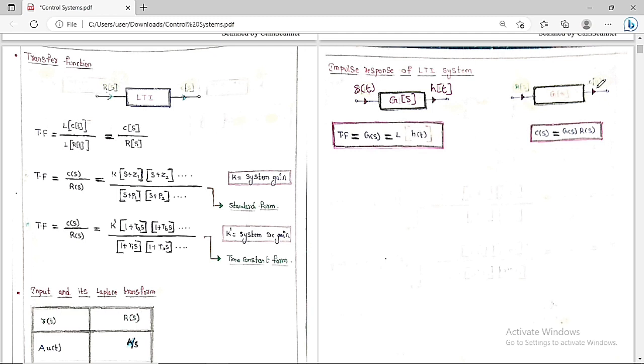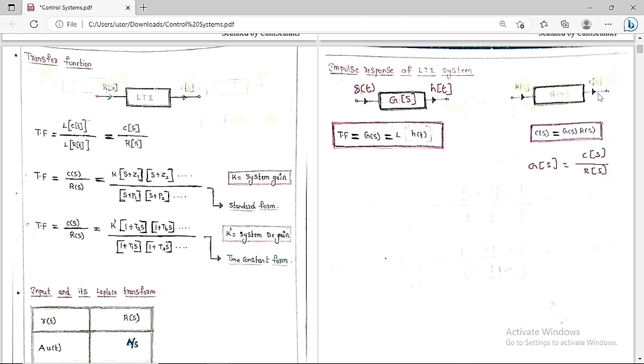Now, this is basically a system. The system has a transfer function G of s, the input is R of s, and the output is C of s. The transfer function G of s is equal to the Laplace transform of output by the Laplace transform of input, which is C of s by R of s.